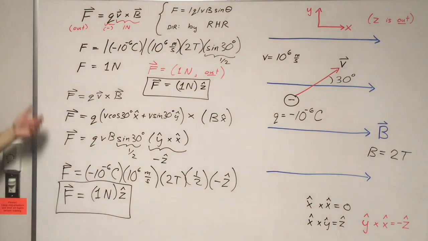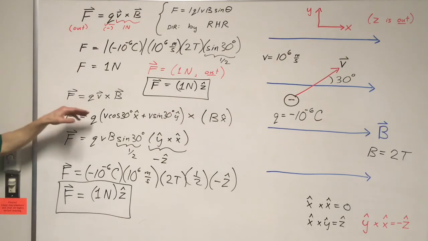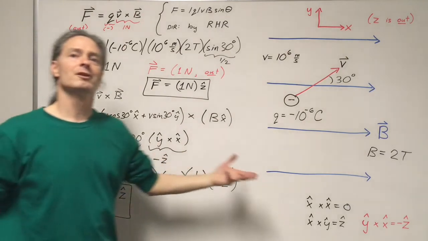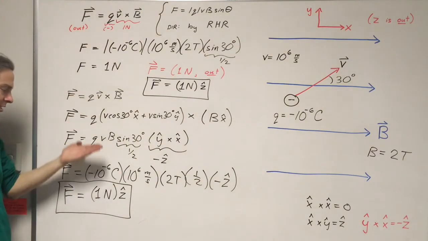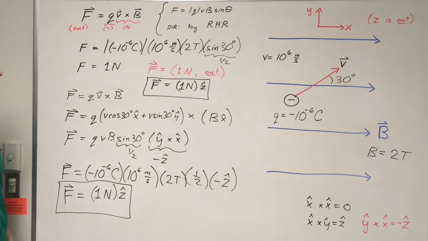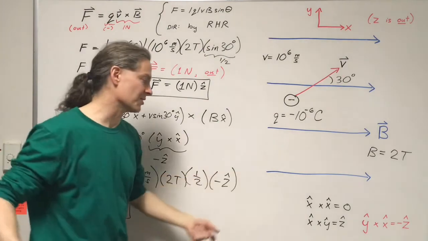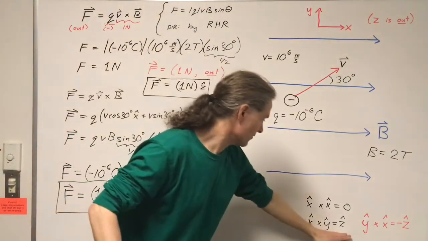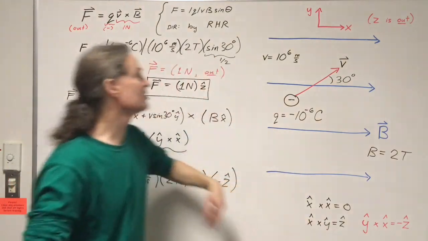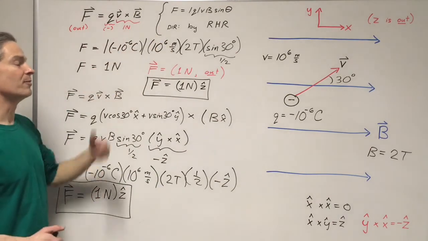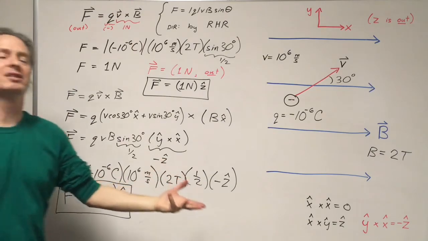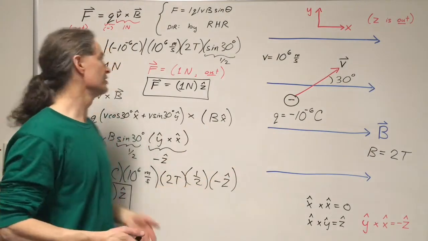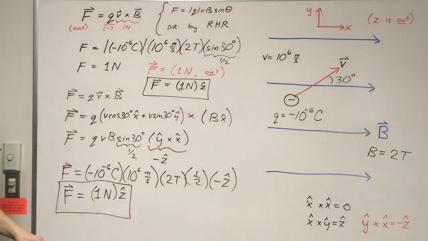The other way of looking at it is to put all the vector stuff in terms of appropriate unit vectors on your coordinate system and grind through the vector algebra. The results have to come out the same. This information here contains the magnitude and direction information and vice versa. So both of those mathematical ways of looking at it ultimately are equivalent. They must ultimately give the same result.